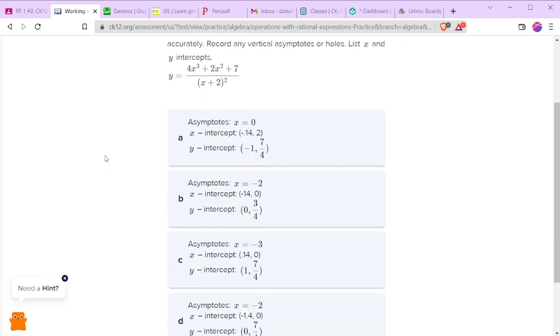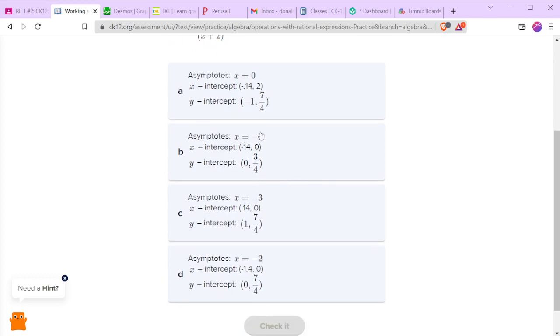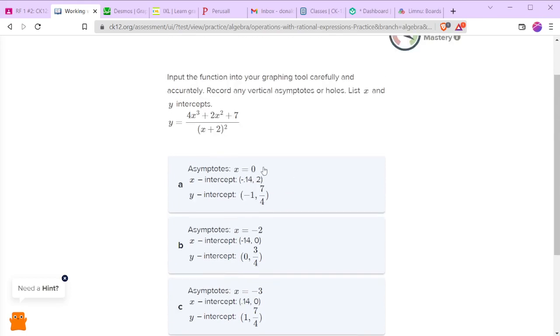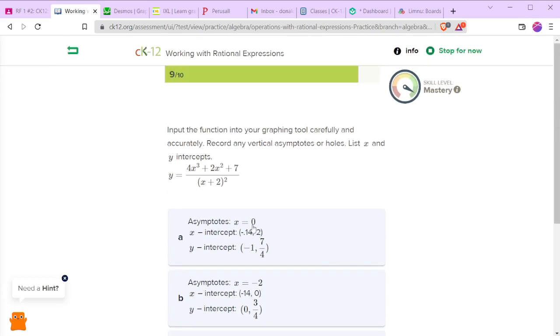All right, so here we are going to have vertical asymptotes at x equals negative 2. So that is either B or D. Now we're looking for the x-intercept. Or actually, let's find the y-intercept. That's easier because that's where x is 0.